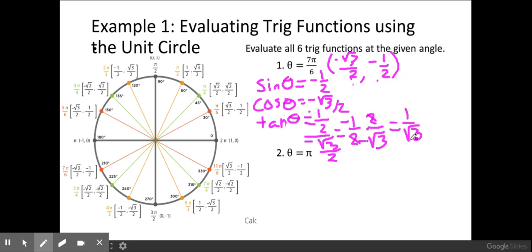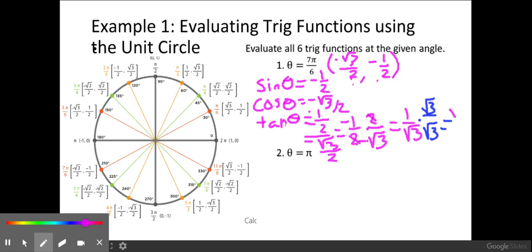Now, because I have this over the square root of 3, we need to what we call rationalize the denominator. So get the square root out of the denominator. So in a different color, I am going to show how if you multiply this by square root of 3 over square root of 3, so because it's the same number over itself, that's 1, we're not changing it, this will equal square root of 3 over the square root of 9, and the square root of 9 is 3.